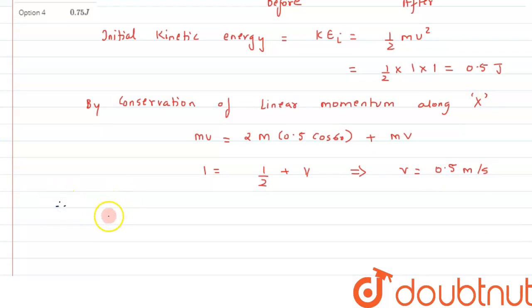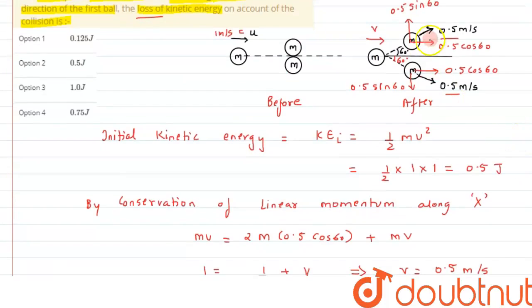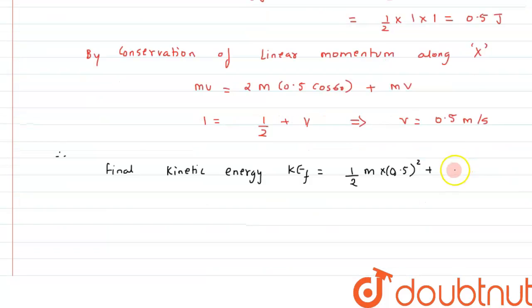So now we are in a position to calculate the final kinetic energy. The first particle is moving with velocity 0.5 meter per second, so we can write 0.5 into m into 0.5 square, plus the two particles moving with velocity 0.5, so 2 into half m 0.5 square.